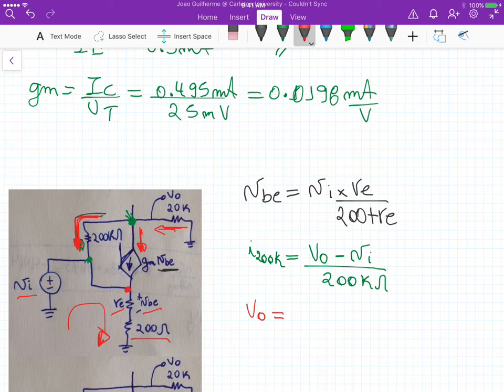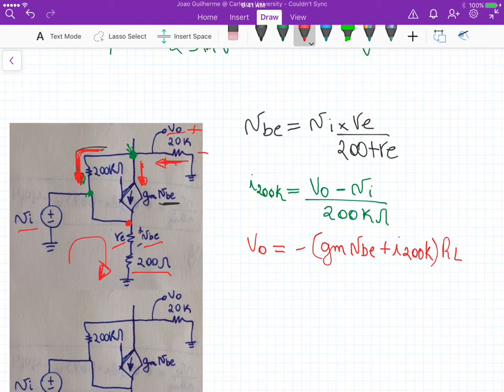And because it's going in the opposite direction to the plus or minus assigned here for V out, we have minus gm VBE plus I200k, times the load resistance. So that's the equation that we have.